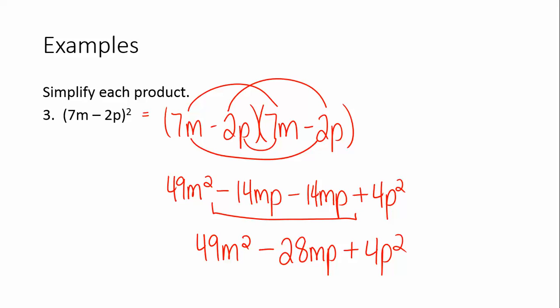Now again, these were identical binomials we were multiplying, so notice 7m squared is 49m squared. The negative 2p squared is the positive 4p squared. And if you multiply these together, you get a negative 14mp, and if you multiply it by 2, there's that middle term. So there's kind of a pattern when we're multiplying identical binomials together.